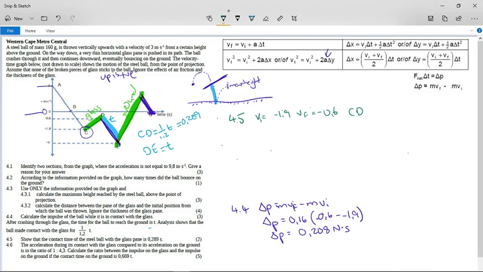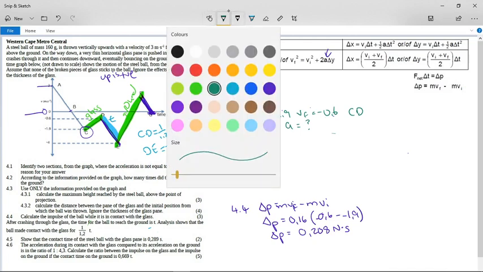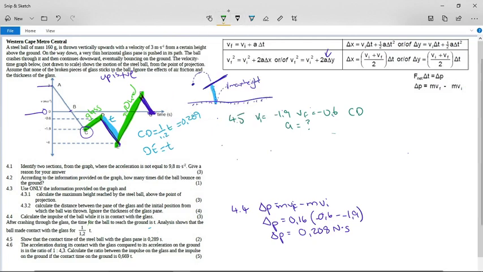So this is where I say you have to bear with me, because we have to do some thinking here. We actually need to find DE, because for DE we have a known acceleration. Over CD we don't know the acceleration, and so we can't do this using that equation of motion. But if we have a look at DE, at D, VI is minus 0,6, and at E, VF is negative 4.